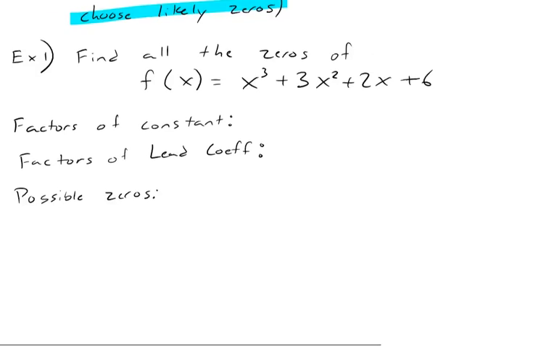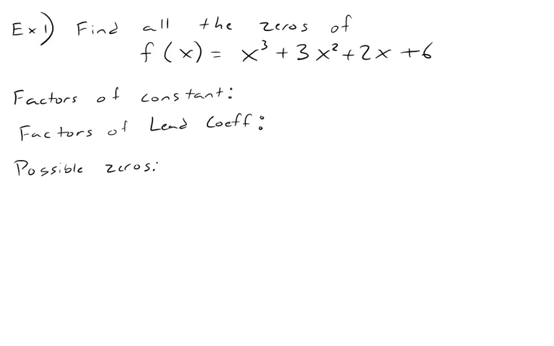So I'm going to show you a full example of what this actually means. Example 1. Find all the zeros of f of x equals x cubed plus 3x squared plus 2x plus 6. So first step is factors of the constant. This is my constant. Factors of 6 are 1, 2, 3, and 6.